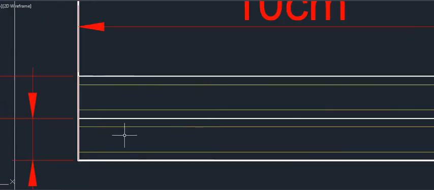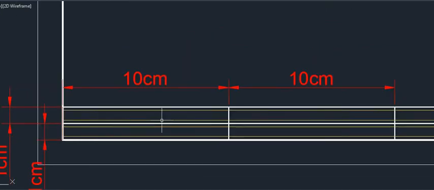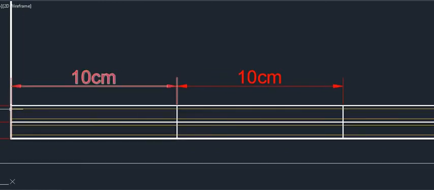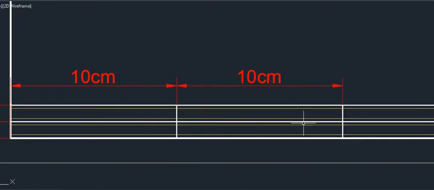Is that clear? Okay, after that you put a partition or division from here. From this border line you measure 10 centimeter and then put a division line. And then from our 10 centimeter line, create another line to have another division.